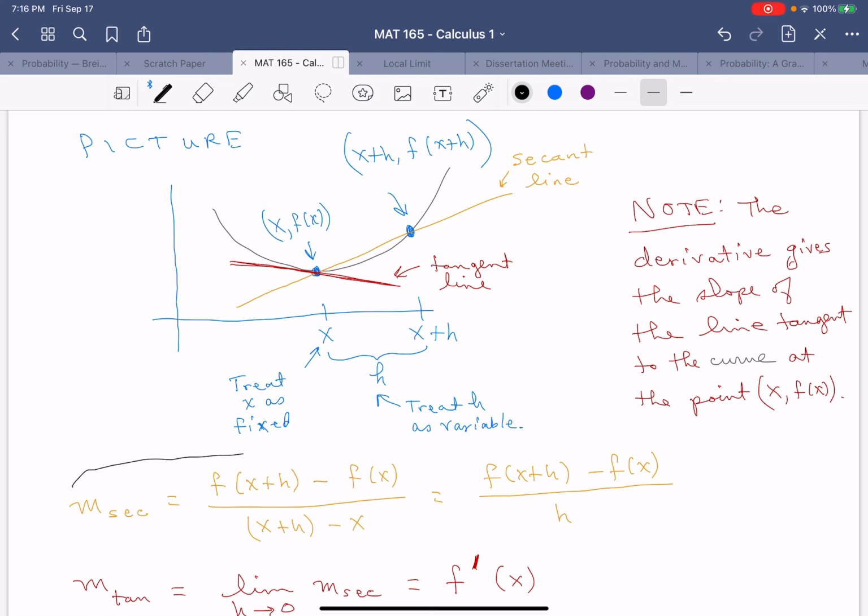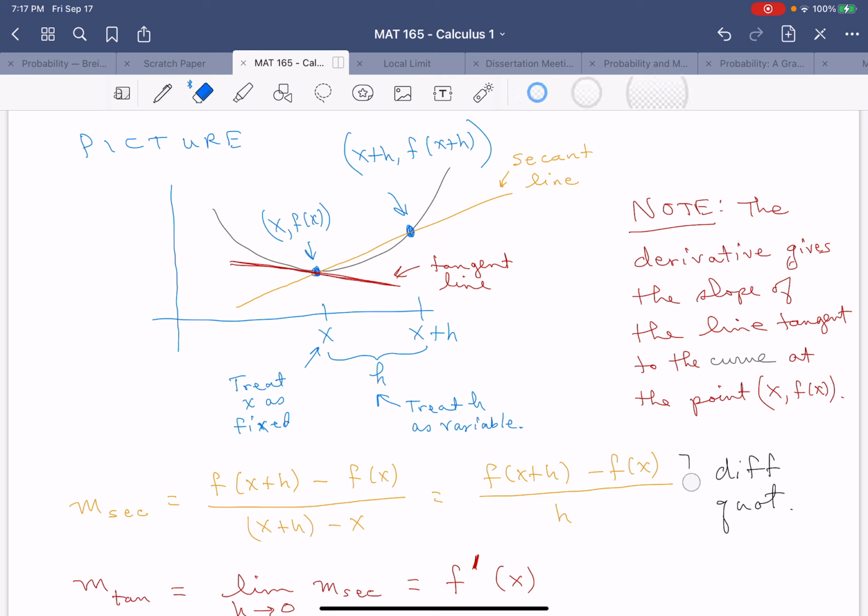The y2 is the f of x plus h, minus our y1, which is the f of x, over x2 minus x1. And that's how we get what's called the difference quotient, the expression that represents the slope of the secant line.